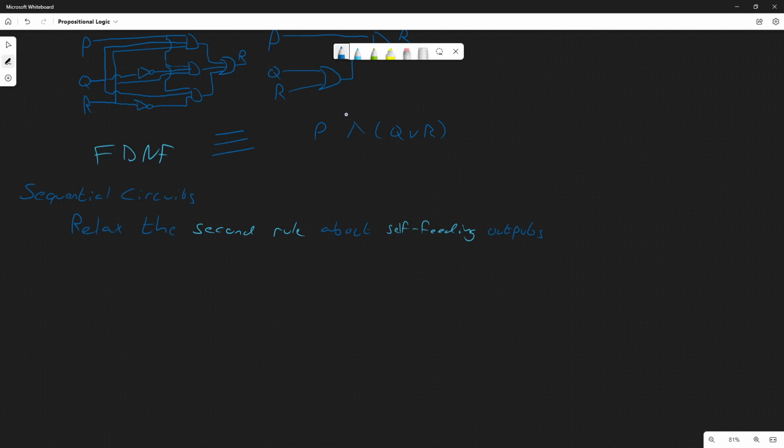For example, if you have some P going into a NOT, like so, then you can feed it into itself and get rid of the input, and what you get is a clock.